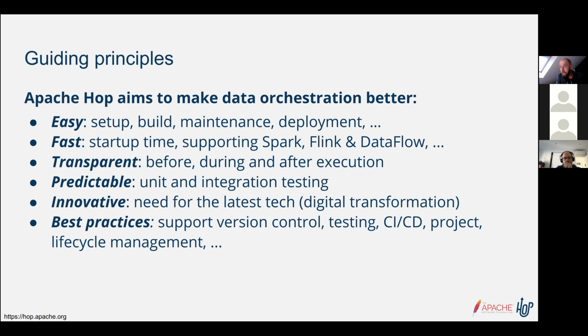We want to stay ahead of the curve, want to adopt new technologies, and best practices are another important aspect. We're now building version control, Git integration. We have a lot of focus on testing, CI/CD, and best practices within the project lifecycle, to make sure that the results of what people build with Hop are as good as it gets.